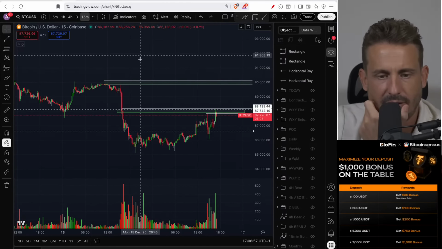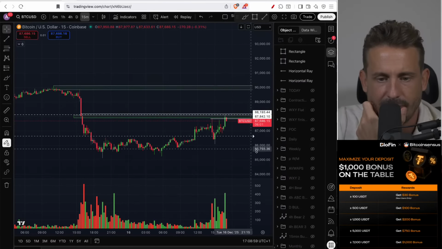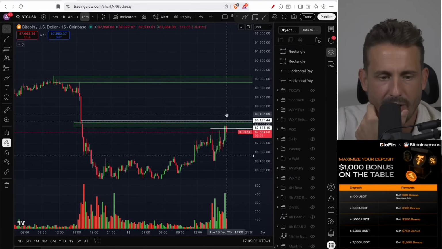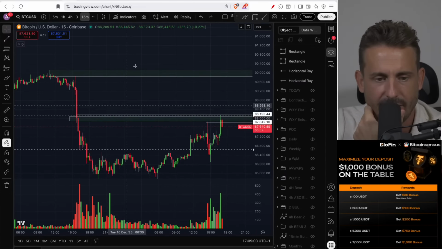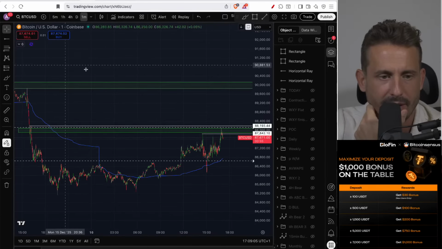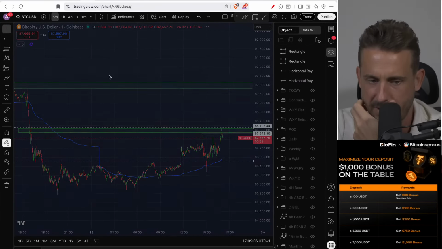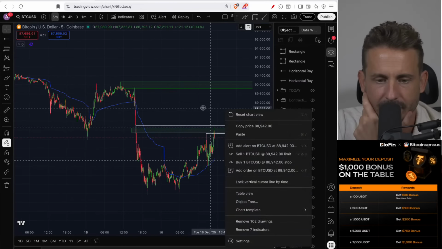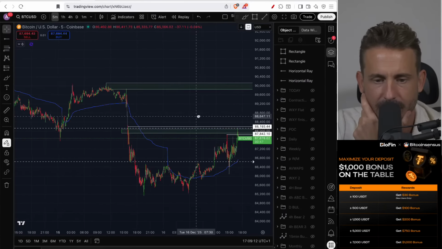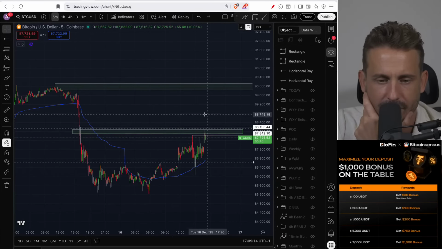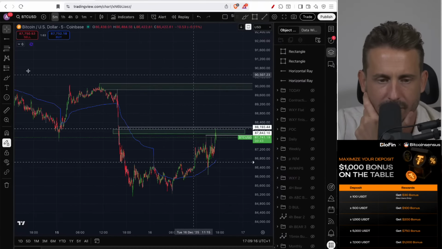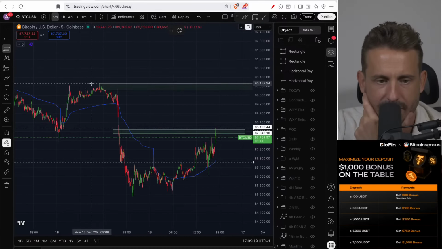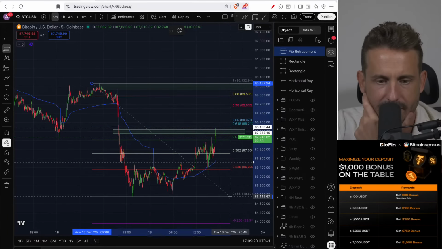Let's see if we do get one more wick up to get to that order block on the 5-minute. Would be nice to get to that order block and the golden pocket.